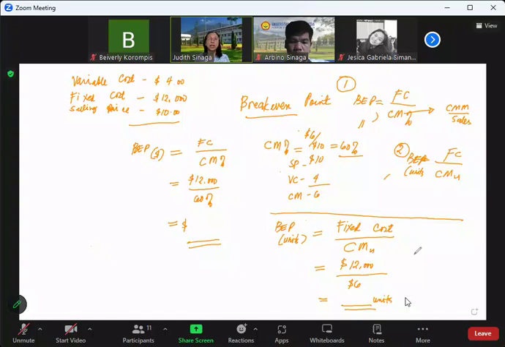Okay, easy, right? So, how much does that come to? Just use a simple calculator, no need for the scientific one. So, how much? Just divide the 12,000 by the CM ratio.